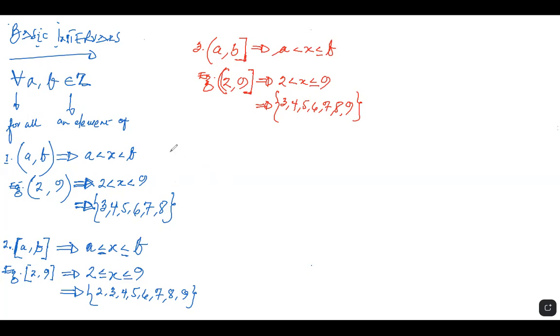Good. Now let's look at the fourth and final type of interval. Then we'll get back to systematic sampling.